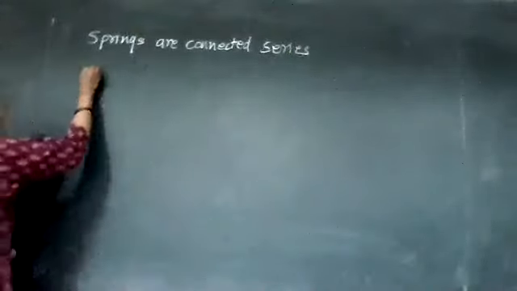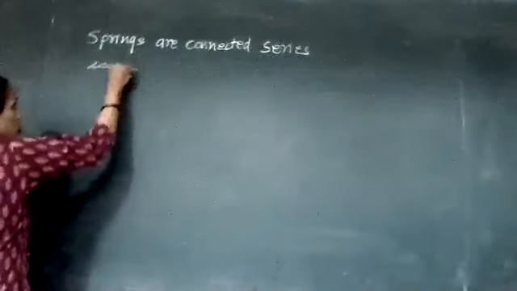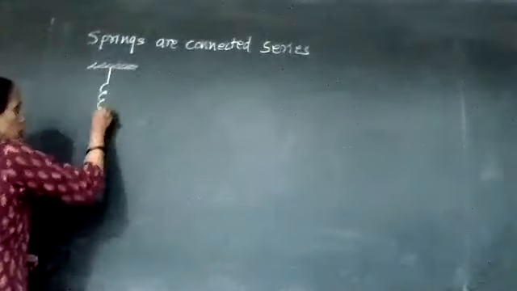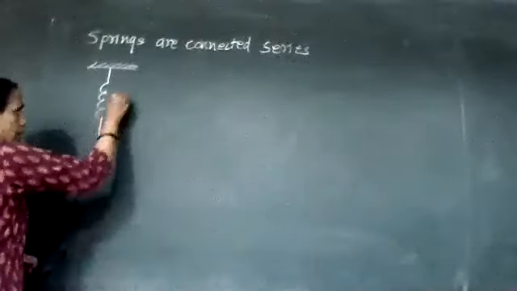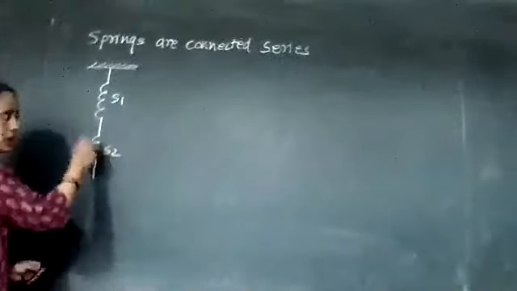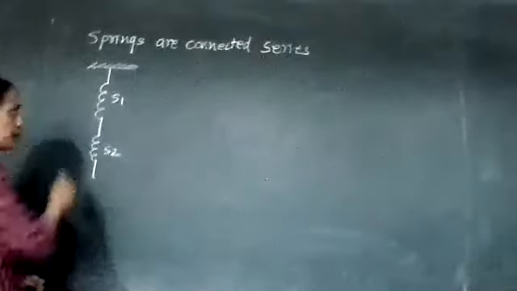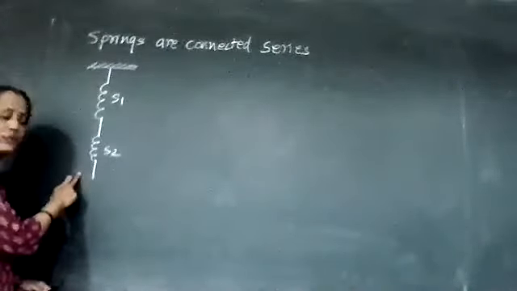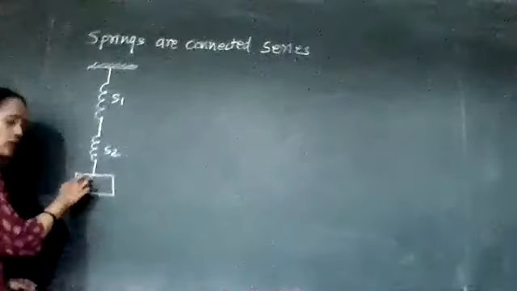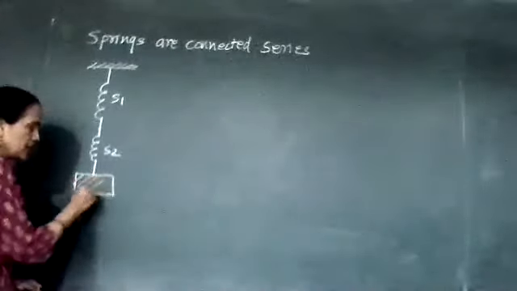Two springs connected in series can be shown in two different manners. First, I show the first spring S1 and the second spring S2. S1 and S2 are connected in series in the vertical plane, and at the end of S2 I can attach a certain mass.